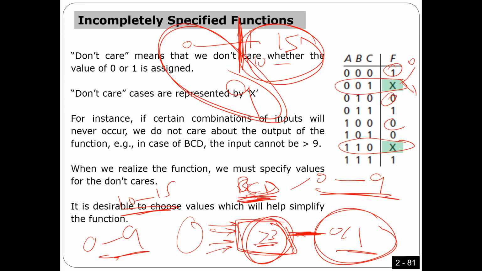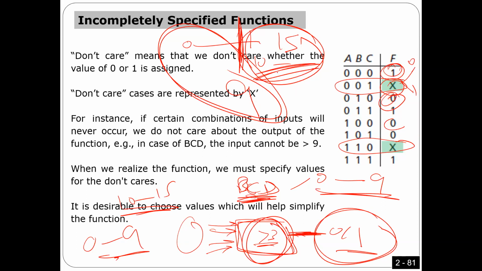Or even if it happens, I don't care if the function gives me 0 or 1 because it doesn't make any sense. Okay? That's why if I represent it in a truth table, in this case, I'm gonna put x here. In the cases from 10 to 15, right? Because the function is not specified for these, or this input should not happen.